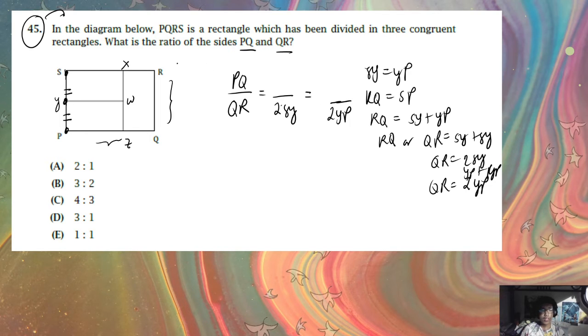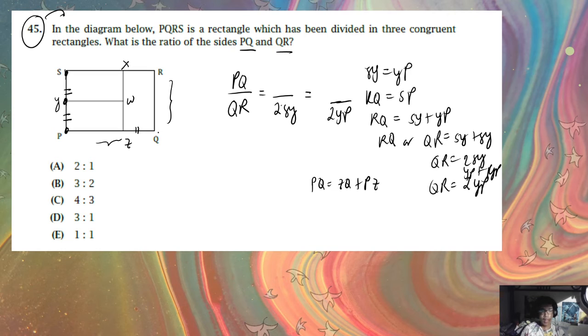Now, our problem also has PQ. How do we find the measurement of PQ? PQ is equal to ZQ plus PZ.